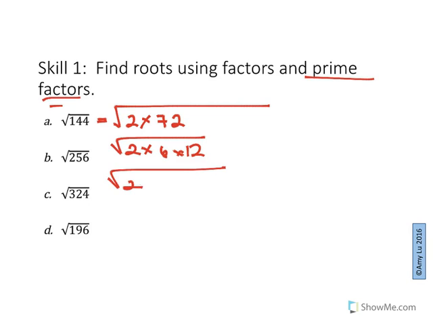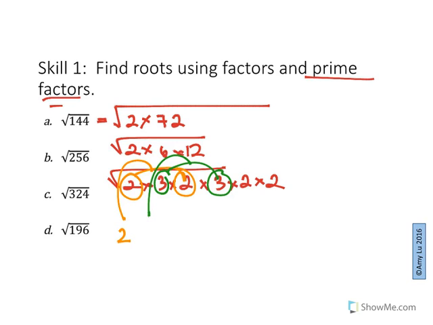Break that apart further, 2 times 3 times 2 times 3 times 4, which is just 2 times 2. Then extract the pairs. Here's one set, take it out, 2. Here's another set, take it out, 3. Here's another set, take it out, 2. Multiply together, that happens to make 12. And yes, that's true. The square root of 144 is 12 because 12 times 12 makes 144.